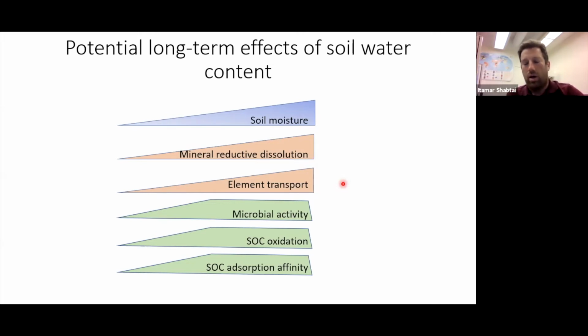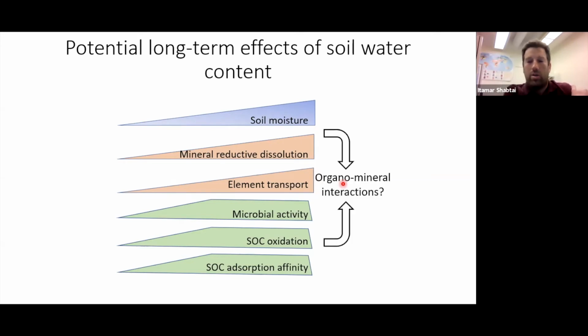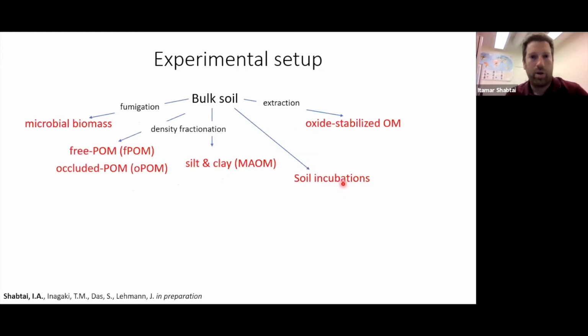And then as organic compounds become more oxidized, they generally have higher affinity to adsorb on soil minerals because they become more charged and more likely to interact with minerals. So these changes, which we hypothesized are working across the mineral and the organic components of this organo-mineral interaction idea, we thought was probably what was causing the differences in soil organic carbon content across the moisture gradients.